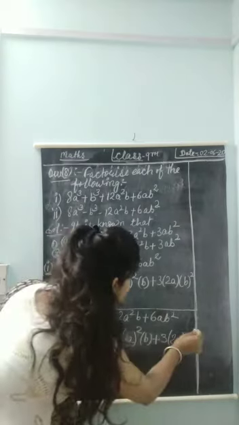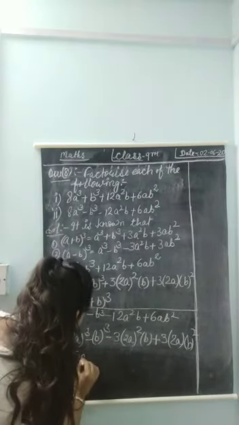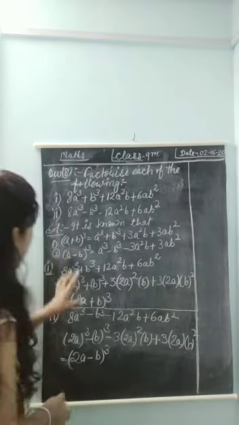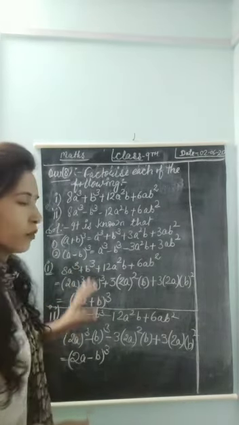From this, the value of a is 2a and the value of b is b, and hence proved.